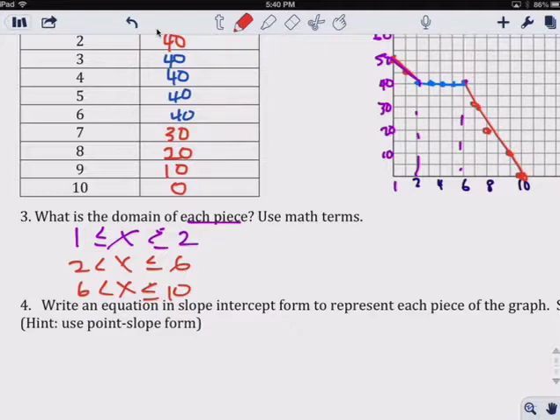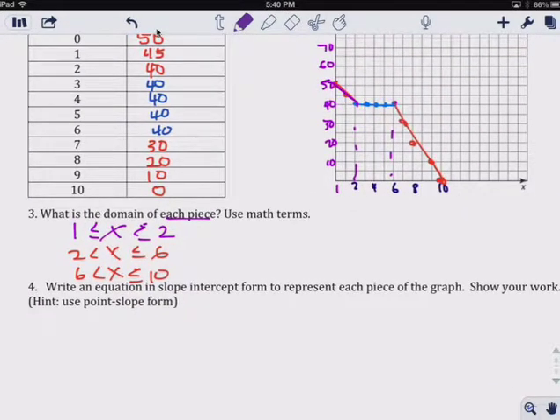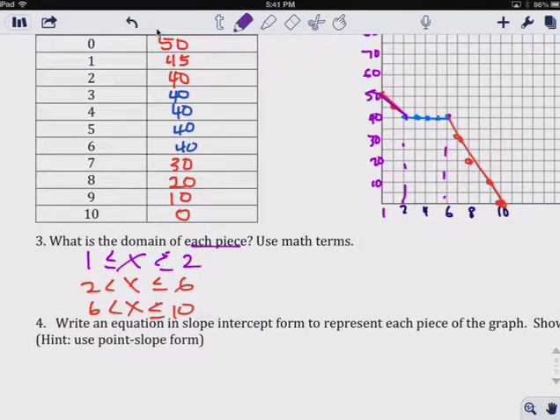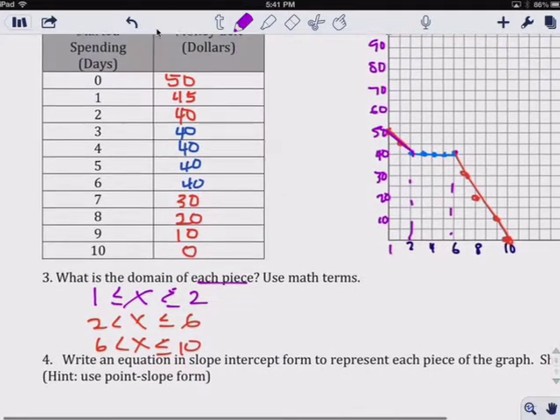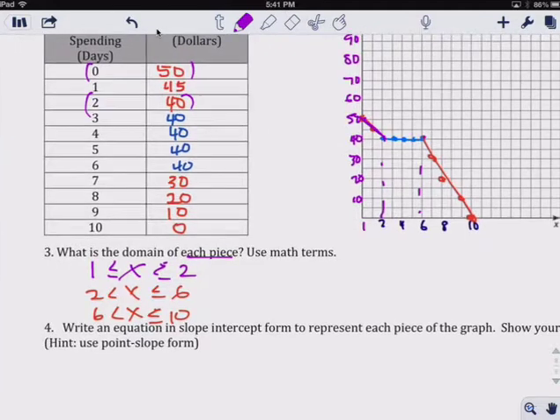Okay, those are the domains. Now write an equation in slope-intercept form to represent each piece of the graph. Okay, slope-intercept form, you're going to choose 2 points. I'm going to choose these 2 points for the first line right there. Or you can choose 0, 50 to 2, 40.